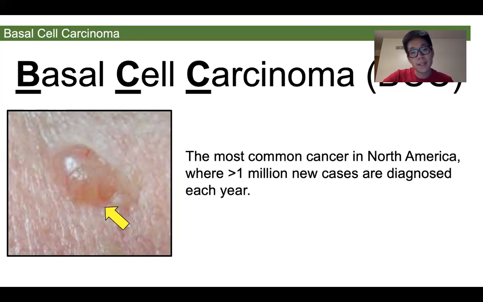BCC is one of the most common cancers in North America, with about 1 million new cases diagnosed each year. The picture on the left is a BCC on human skin. These are little tiny bumps, or in certain cases very large bumps, that appear on our skin.